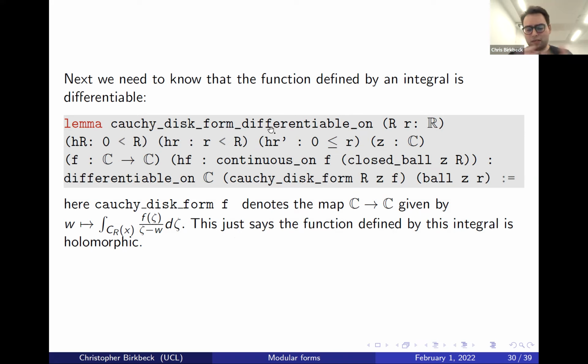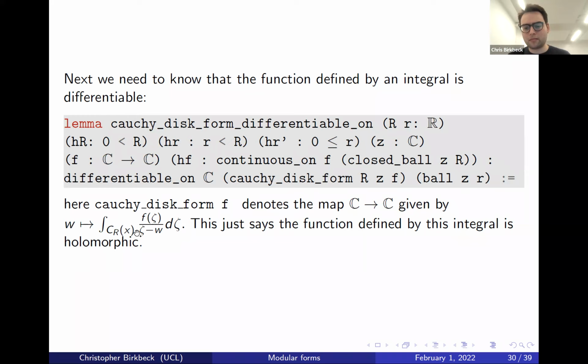It said that if I have appropriate disks for a function which is continuous on the closed ball, then this Cauchy disk form, the function defined by this integral expression here, is complex differentiable as a function of complex numbers, and it's differentiable on some open ball of radius strictly smaller than the radius over which you're taking the integral.